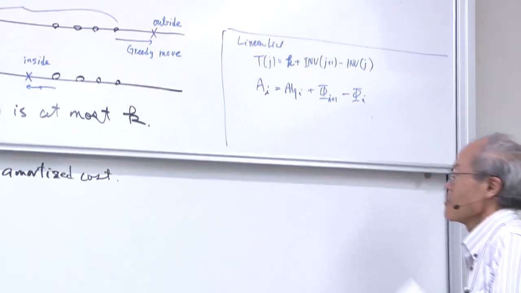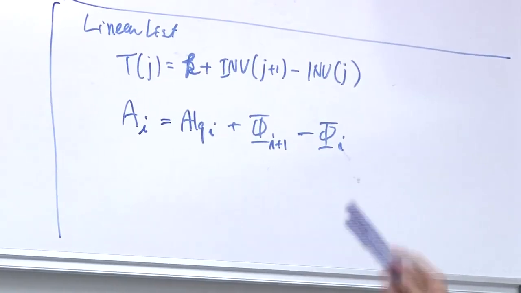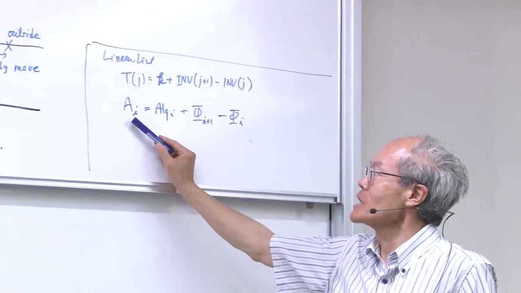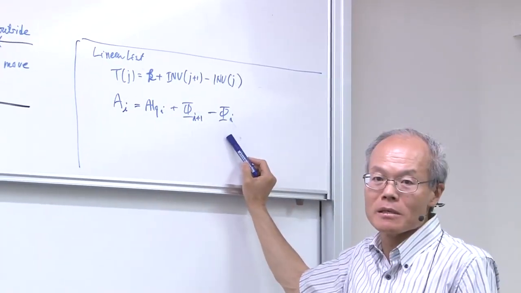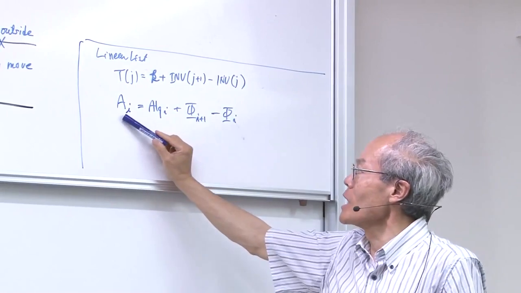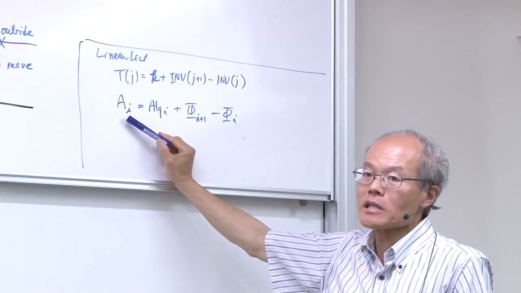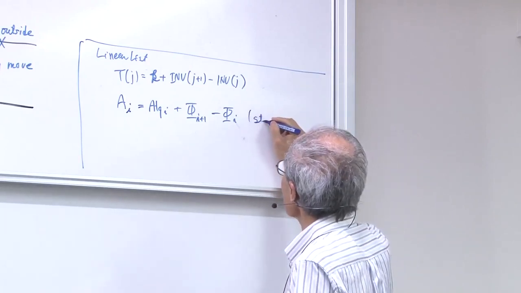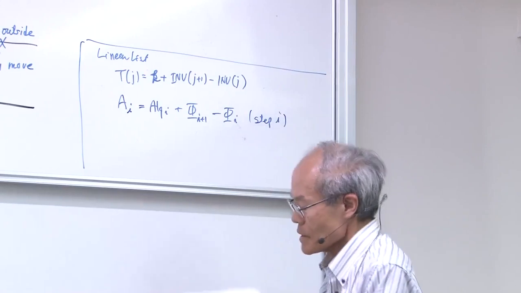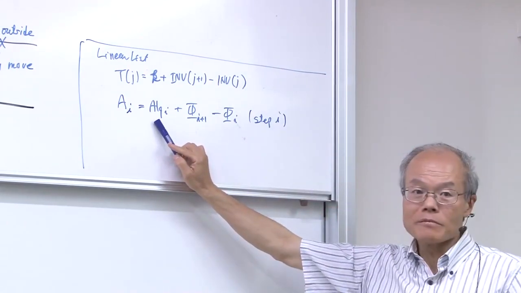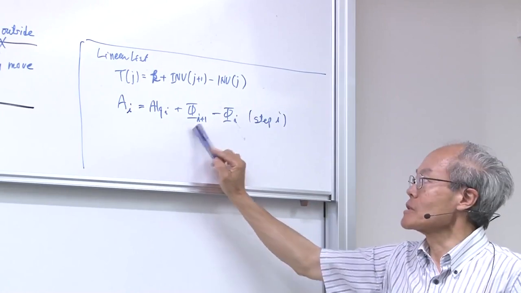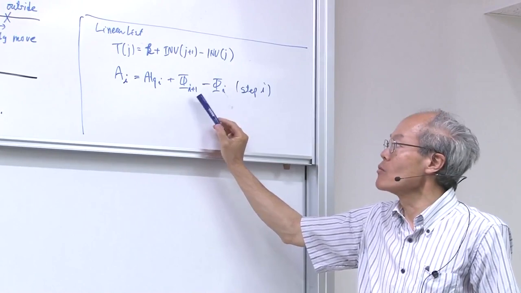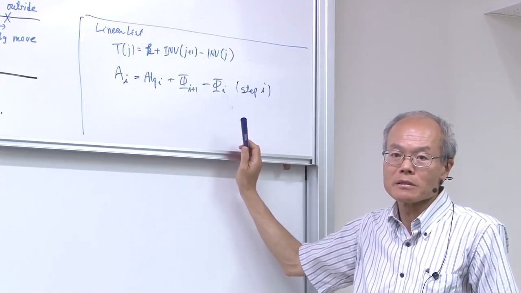I don't know why I changed the subscript from J to I, but anyway, it's not so important. So this is amortized cost, A_i. Generally speaking, we use amortized cost A_i at step I, that is the real cost of the algorithm at step I plus something. I'll show you in a moment what kind of value this is.